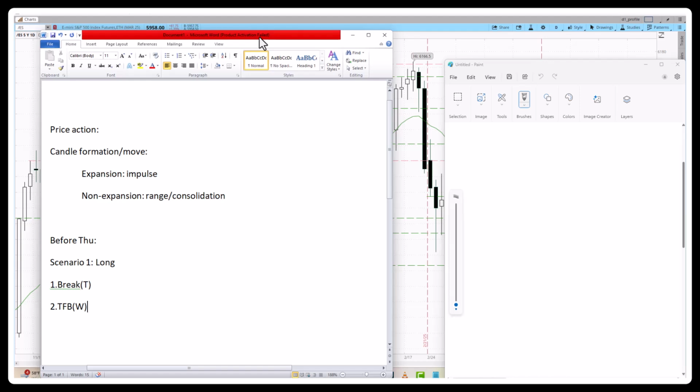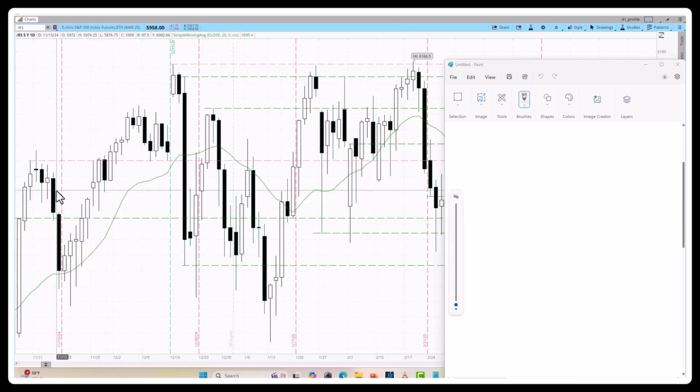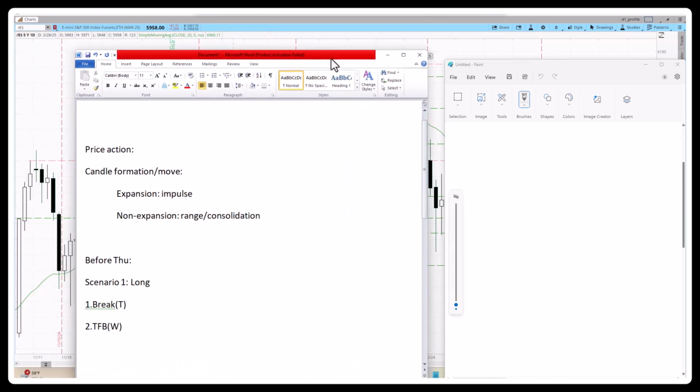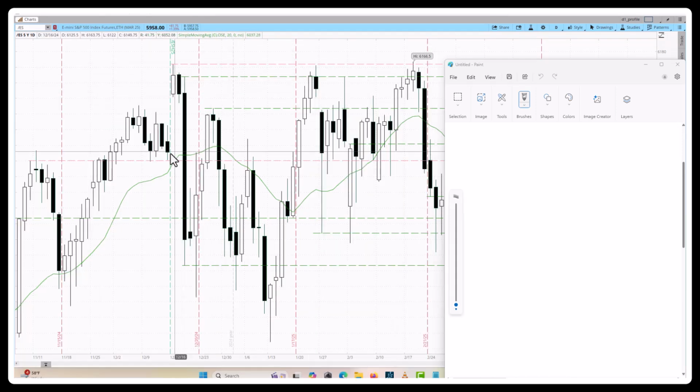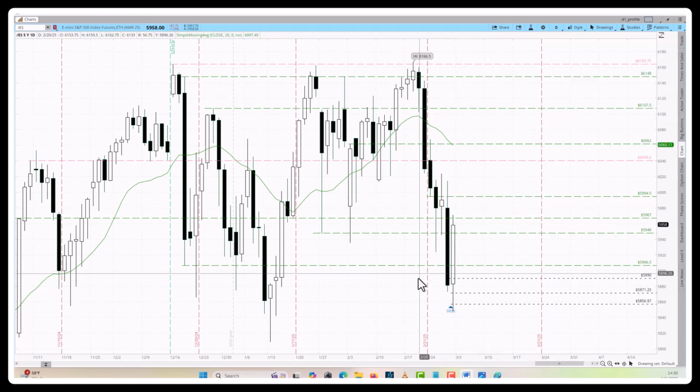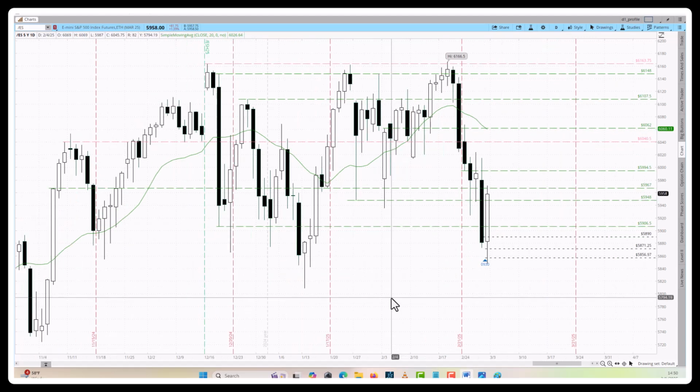That's the scenario right there. You see that is the break and the Wednesday is the test from below. Then, okay, let's do it like this, it helps us to visualize better. Alright, let's check this screenshot.